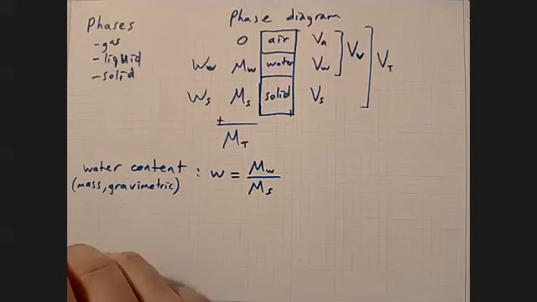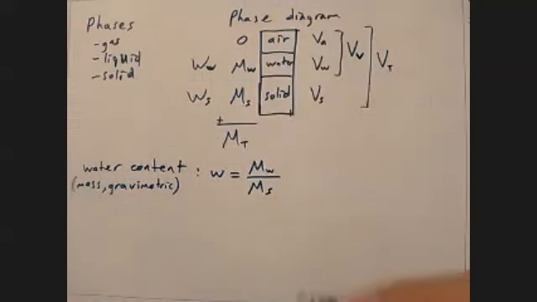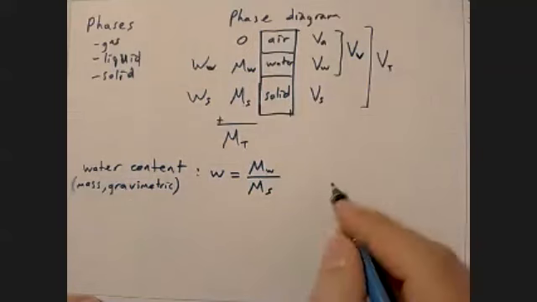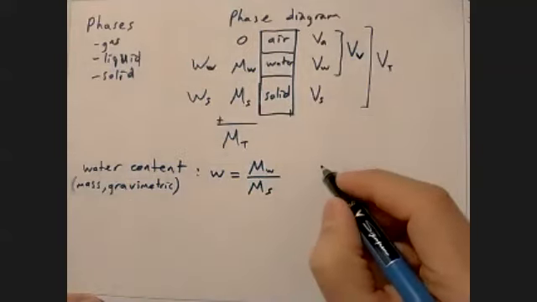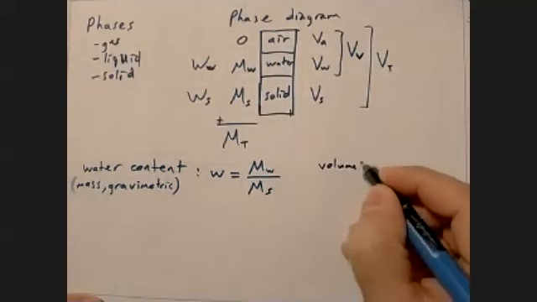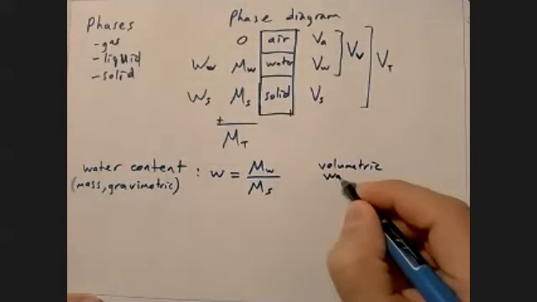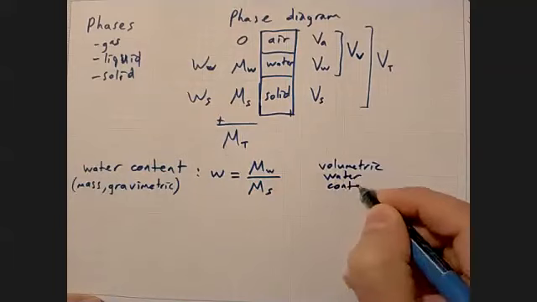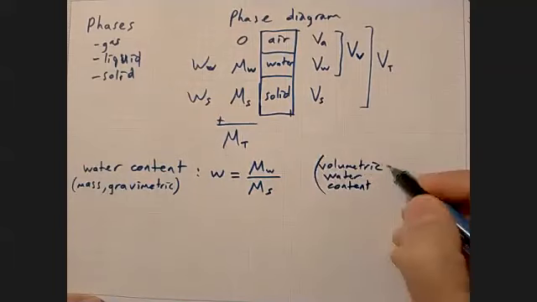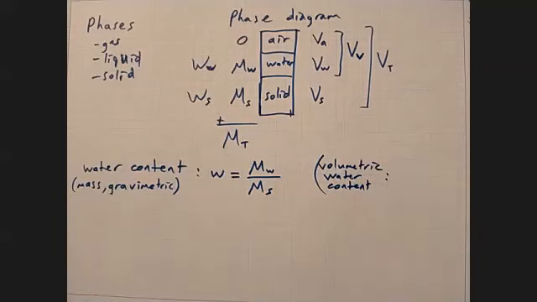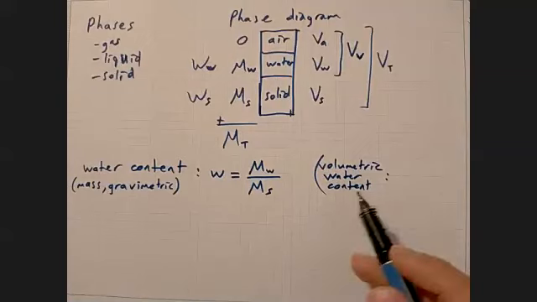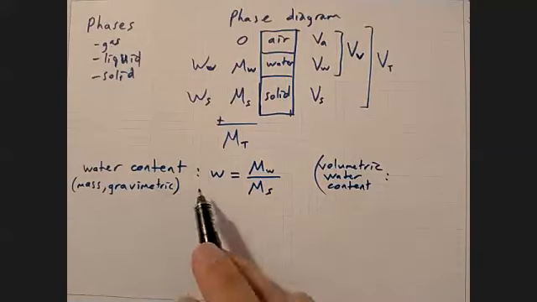Now, there's also an alternate parameter to this. That is volumetric water content. But I'm going to put this in parentheses because I'm a geotechnical engineer, and in civil engineering, geotechnical engineering, or in soil mechanics, this is rarely used compared to the mass water content.